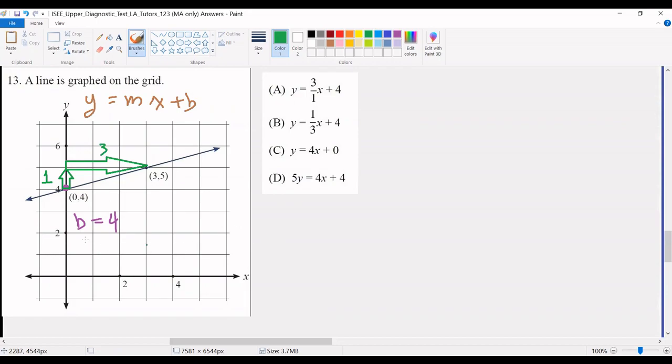So our slope, our m value, is going to be 1 over 3. Now we can write our linear equation. We have y is equal to 1/3 x plus 4. Then we check each of these choices and see which one best matches. It looks like part B is exactly the same thing. So that works out. And that's it for 13.